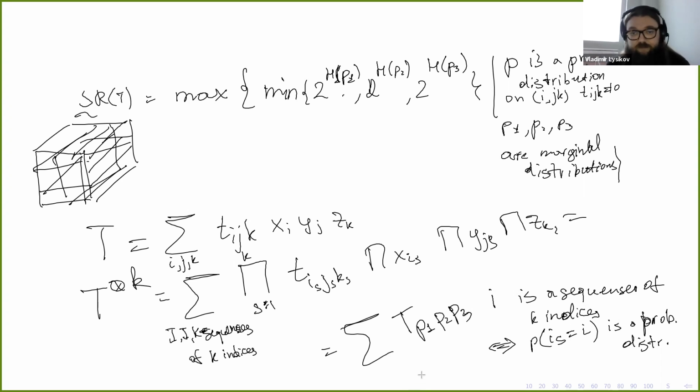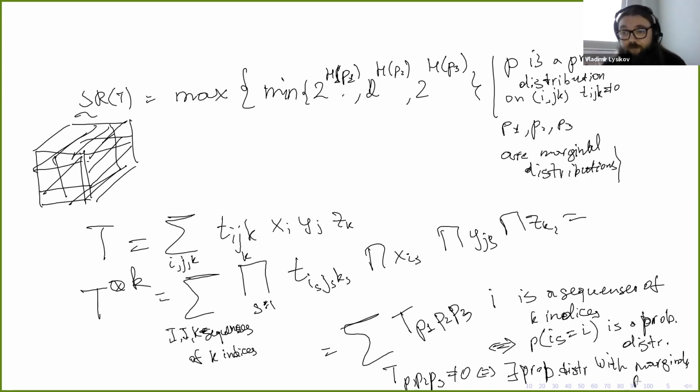And this T, P1, P2, P3 is non-zero if and only if there is a probability distribution on the support of the tensor, on the set of all where all the T_ijk are non-zero, with marginals P1, P2, P3.